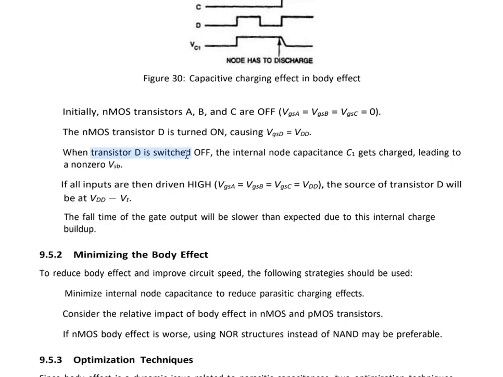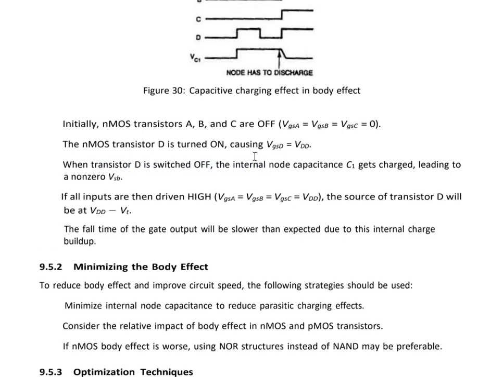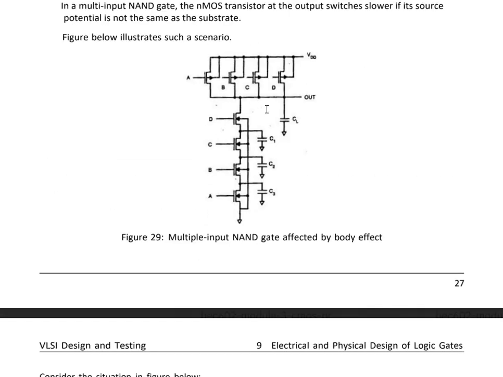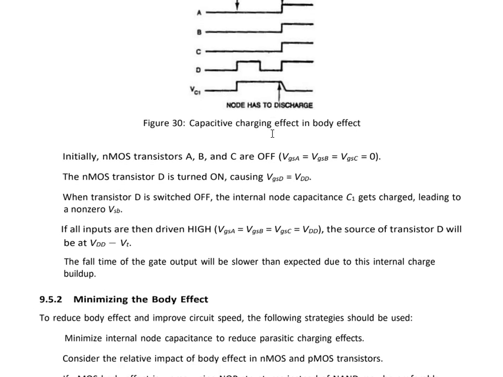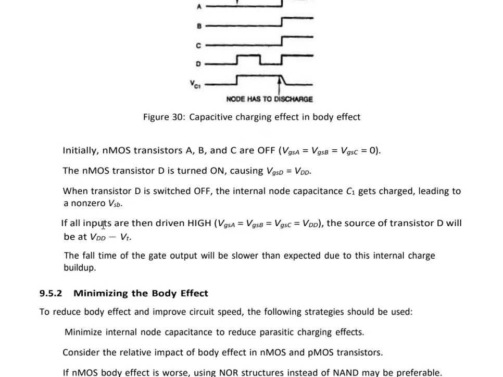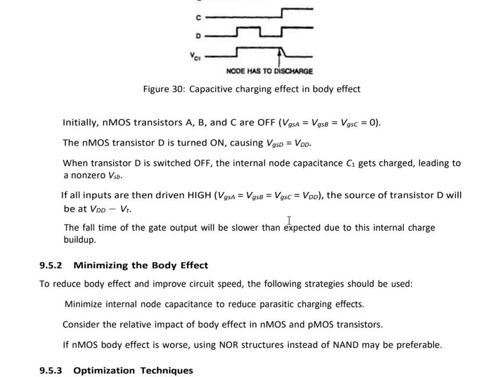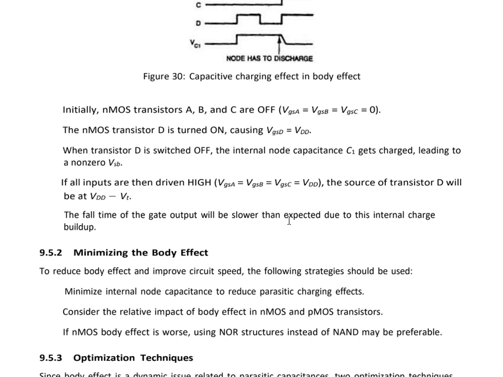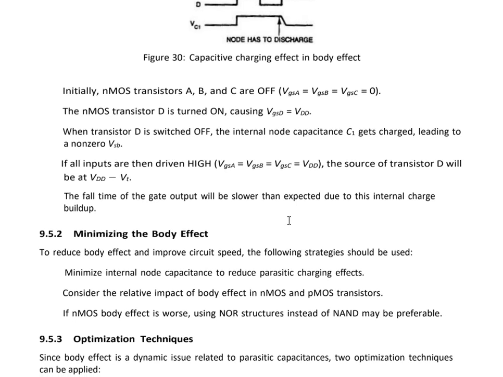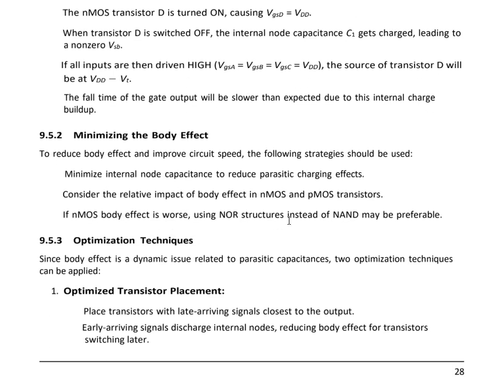When the transistor D is switched off, internal node capacitance C1 gets charged. So here this is the internal node capacitance C1 that is getting charged, and if all the inputs are then driven high, that is VGS-A, VGS-B and VGS-C are equal to VDD, the source of the transistor D will be at VDD minus VT, that is the total voltage minus the threshold voltage.